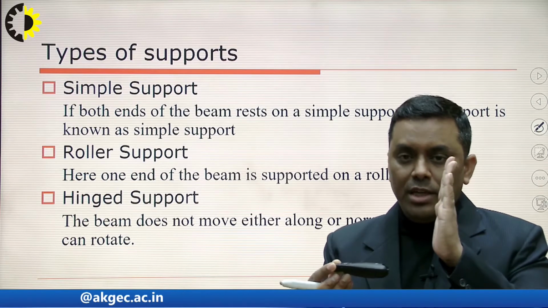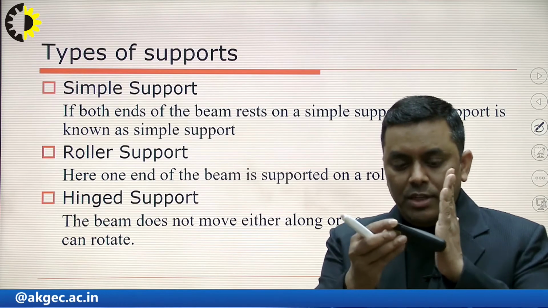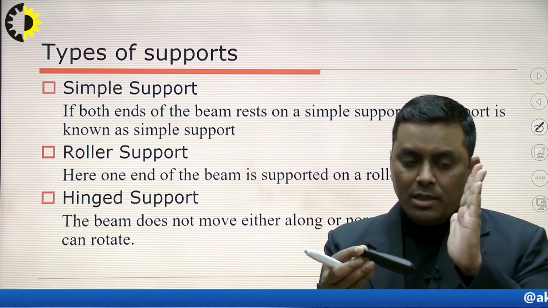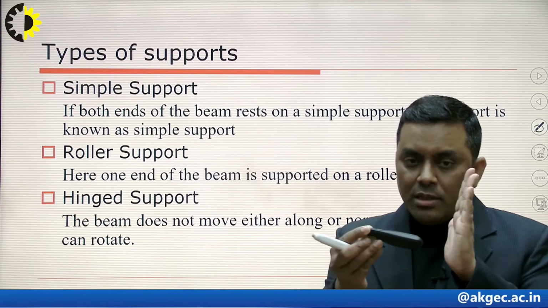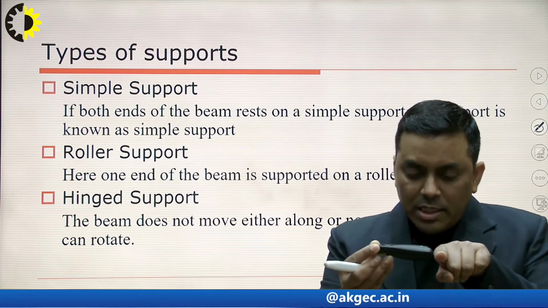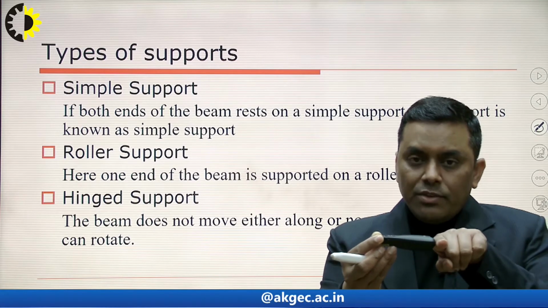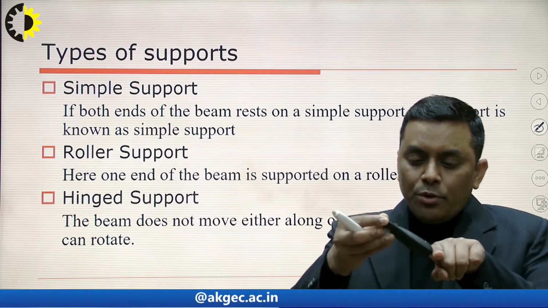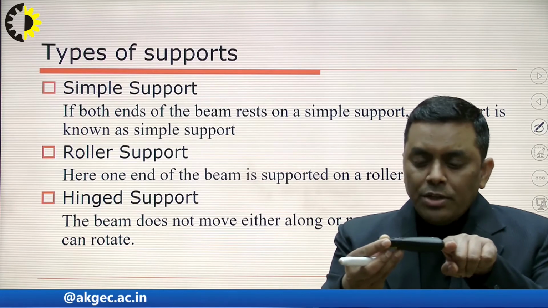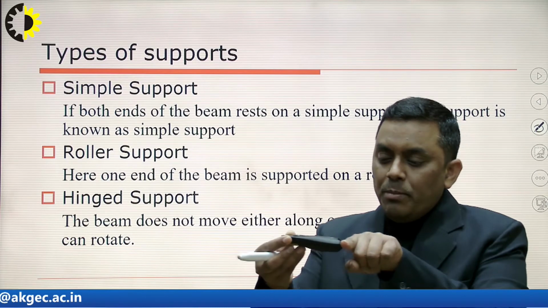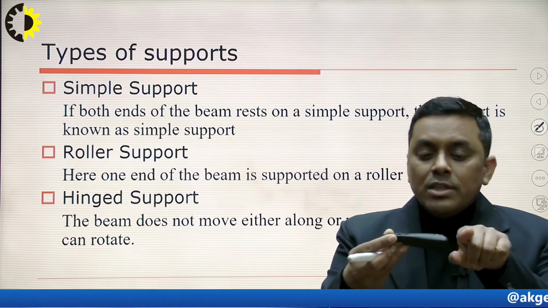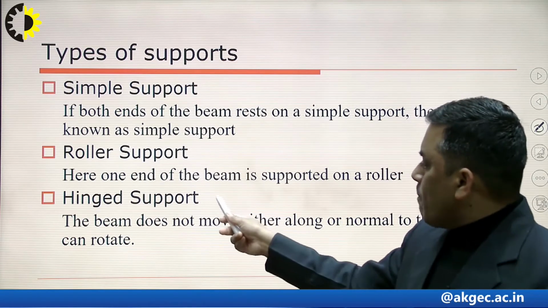If it is hinged, it can rotate, but can it translate from this point, either in the horizontal or vertical direction? Considering the beam, if it is hinged here, it can rotate, but it cannot translate in either the horizontal or vertical plane from the point where it is hinged. This type of support is known as hinged support.